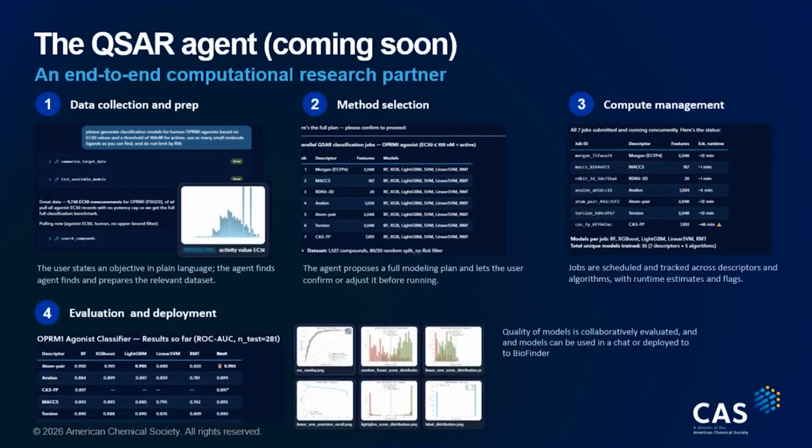One example for the work we're doing with the agent is we are developing a QSAR agent that really takes care end-to-end, the computational research partner for you. So you start by defining your general objective, maybe working on developing a structure-activity relationship for inhibitors of a certain target.